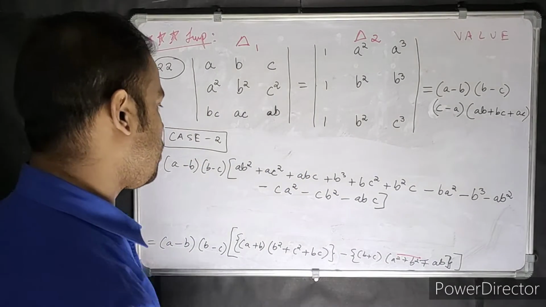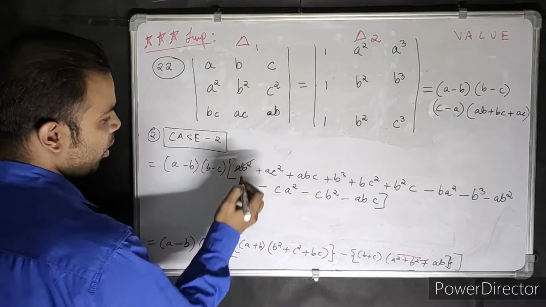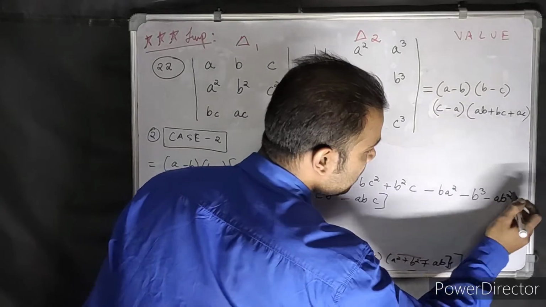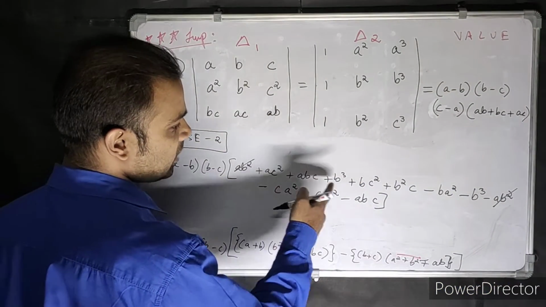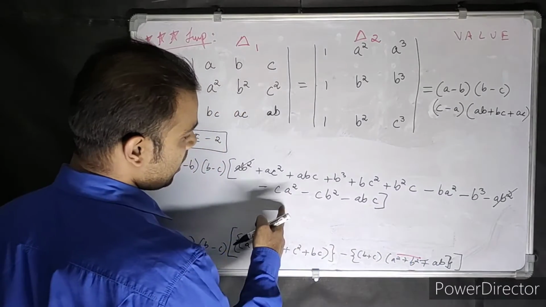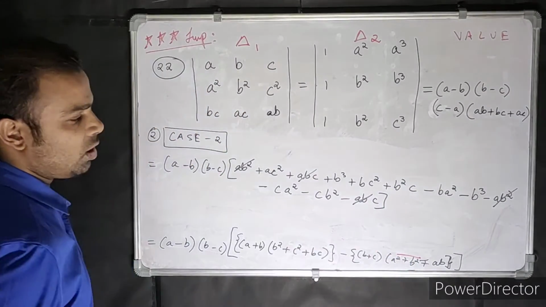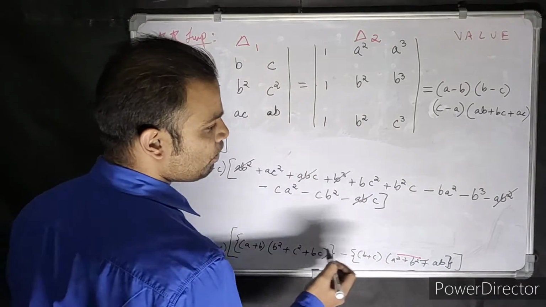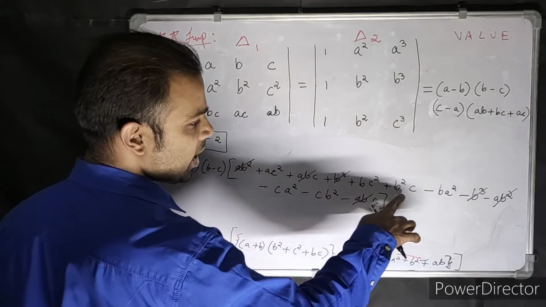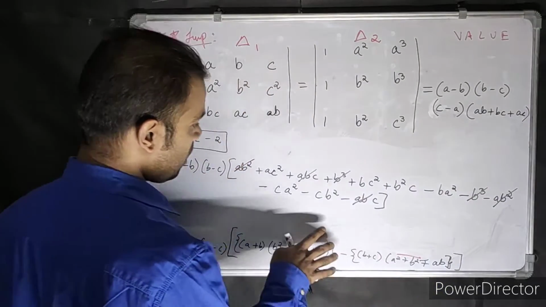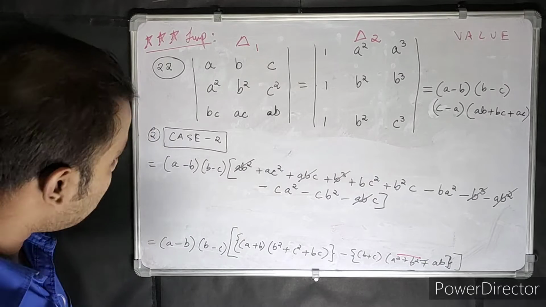Now the next step is to cancel out whatever is cancelling out. Look, this ab square positive and ab square negative got cancelled out. abc, abc got cancelled out. b cube and b cube got cancelled out. Nothing else is getting cancelled out.